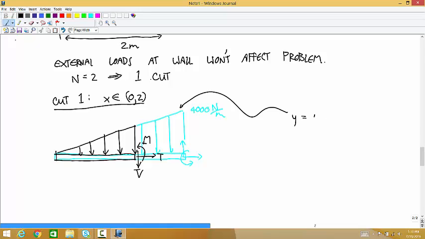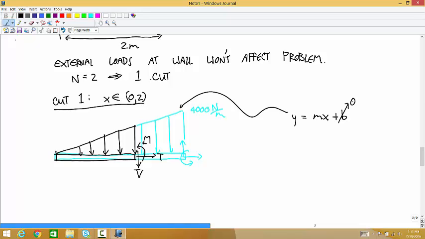Well, we know it's a line. So mx plus b. When x is equal to 0, what's the height of this distributed load? x equals 0 is on the left side. So when x is equal to 0 on the left side, this distributed load is 0. Follow what I'm talking about there? Yes. So this goes away.